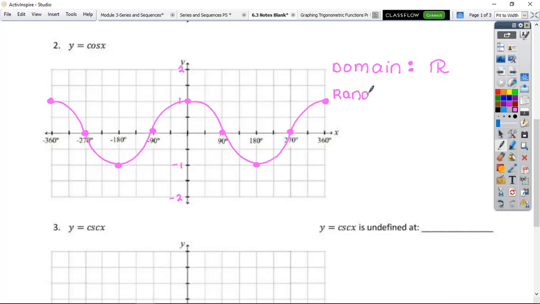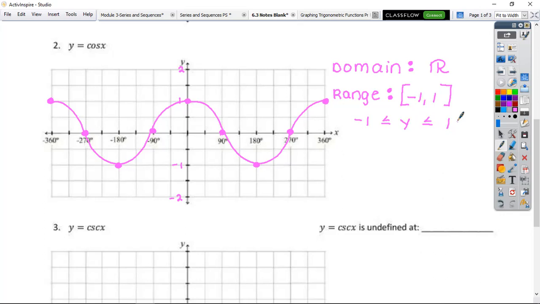Does this have restriction to it? Is it in between values again? It is. So option number 1 is you can do the interval notation with a square bracket. This goes from -1 to +1. Alternatively, you could go -1 less than or equal to y, less than or equal to 1. Okay, so whatever notation you favor.